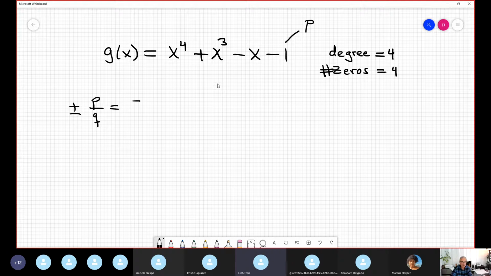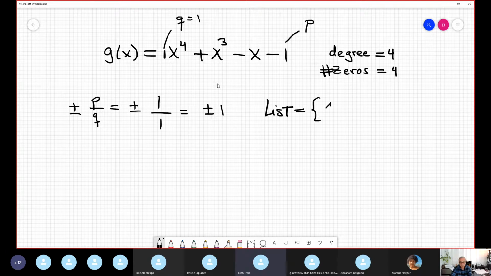Let me put plus and minus in the front. 1 divided by Q. Q is this coefficient. Okay, it's also 1, no? Because it's missing. It's invisible. So we have only 1. It's plus and minus 1. And the list of potential zeros is 1 and negative 1, or negative 1 and 1. The order is not important.